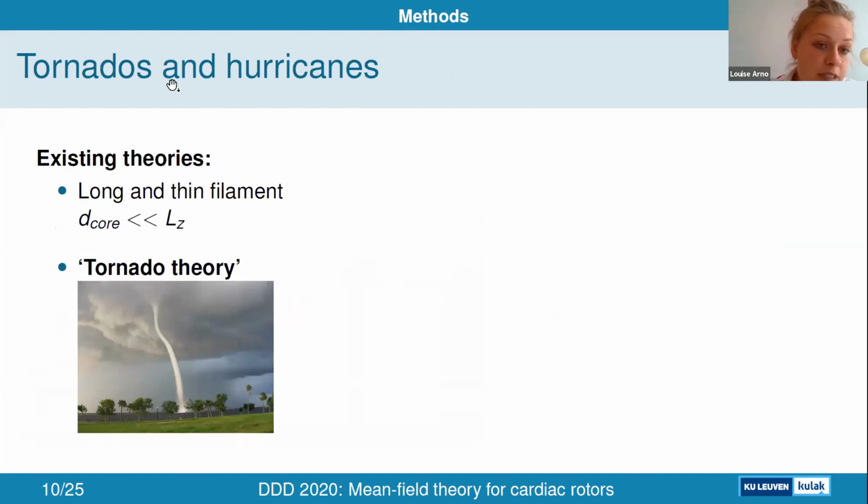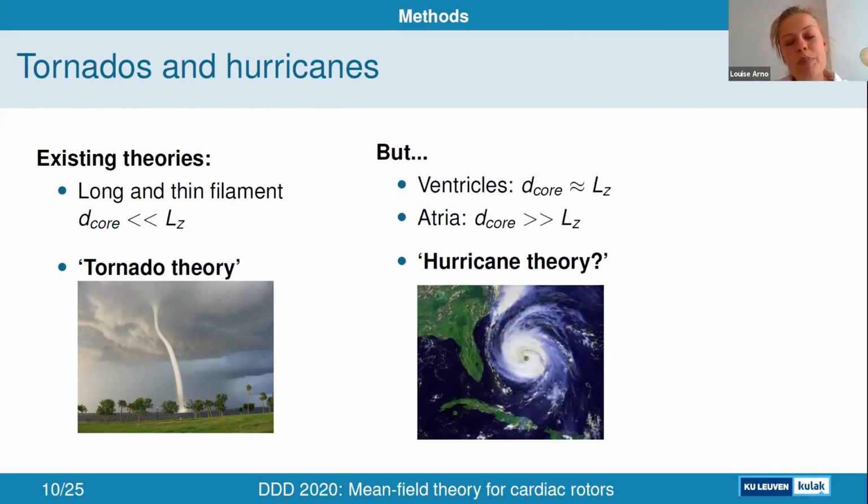Well, there are already some theories that try to describe the dynamics of such filaments, but they assume that these filaments are very long and that they are very, very thin. So you can say that they are some kind of tornado theories. But there is a problem in the sense that for the ventricles, the lower part of the heart, over there, the diameter of such filaments is approximated by their height or by the thickness of the ventricles.